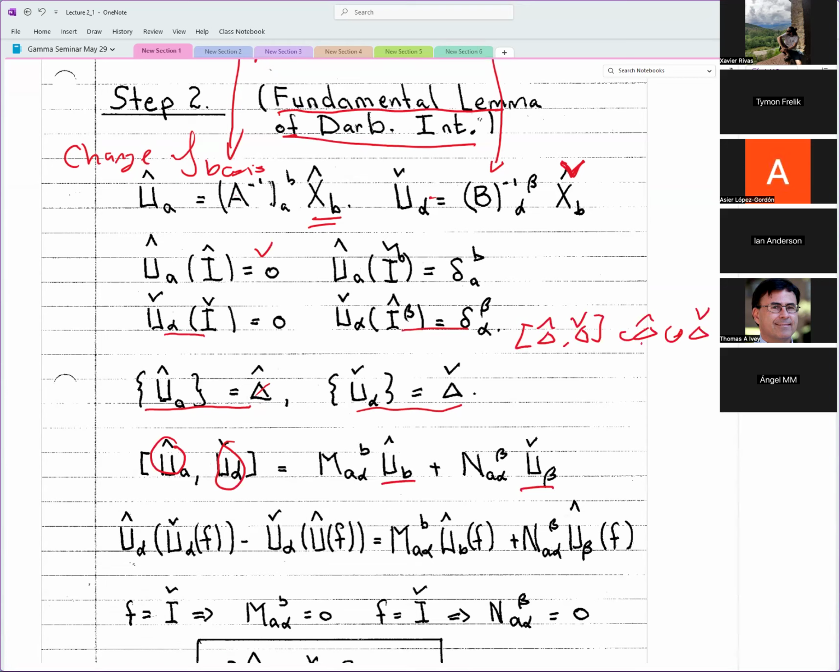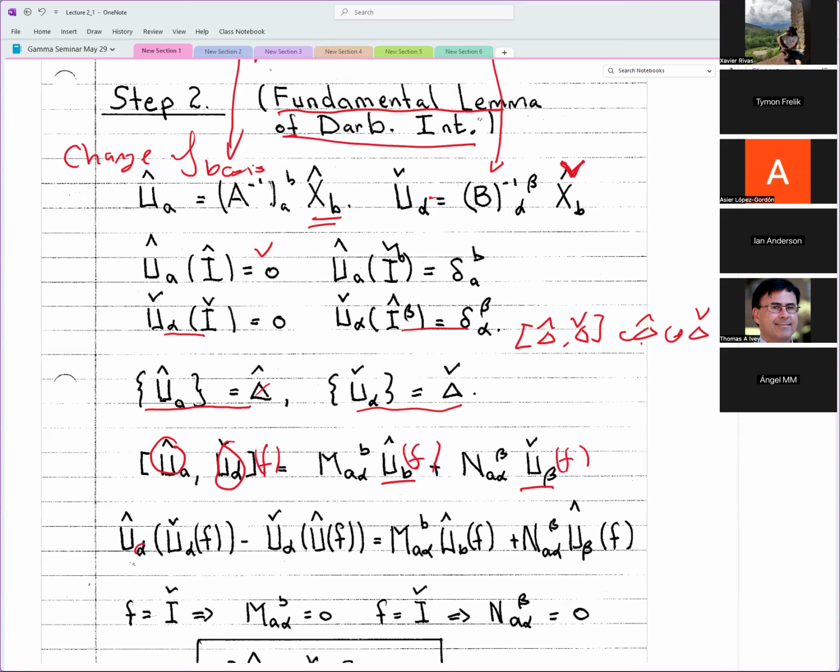Okay. Now I want to apply these vector fields to a function, so I just wrote that out here. Plug in a function here, plug in a function in here, plug in a function here, and then remember that the Lie bracket on a function is just this commutator right here. Okay.